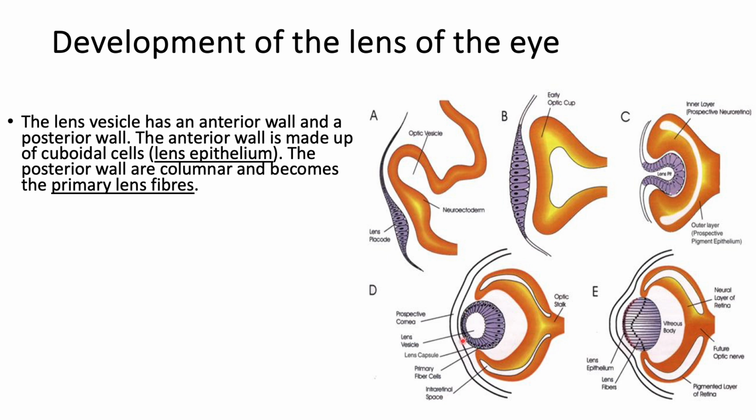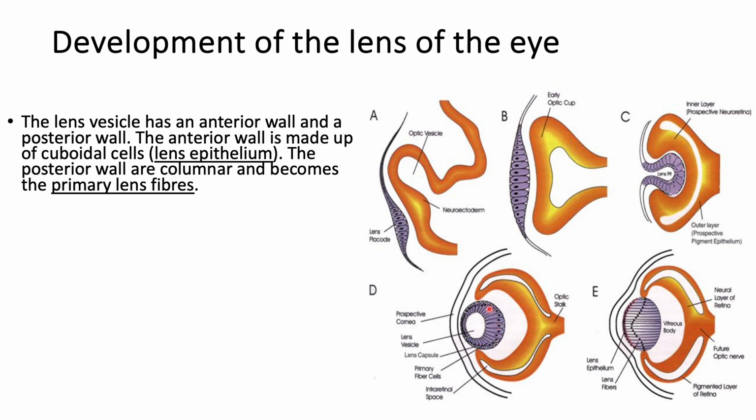That anterior surface is made up of cuboidal cells, and that forms what we call the lens epithelium. Whereas the posterior layer, which contains columnar cells, becomes the primary lens fiber. So you have the lens epithelium coming from the anterior cuboidal layer, and the primary lens fiber coming from the posterior columnar layer.